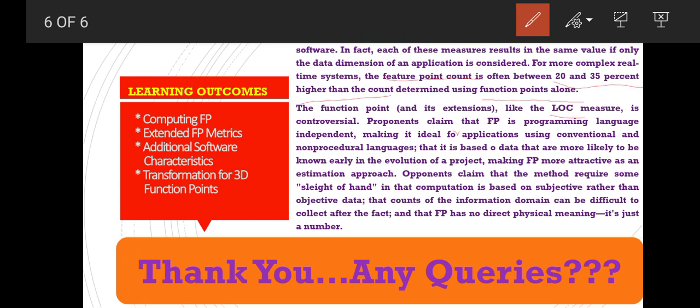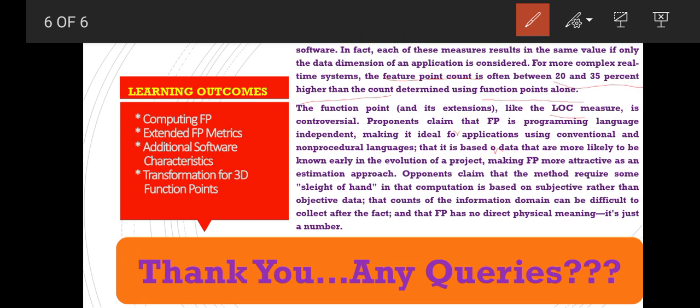It is based on data that are more likely to be known early in the evolution of a project, making FP more attractive as an estimation approach.